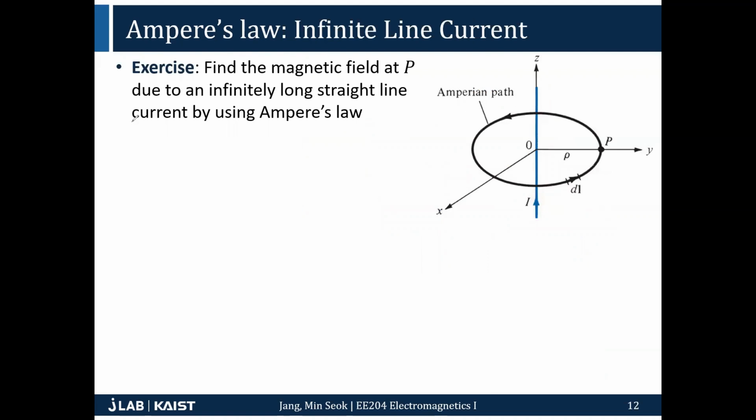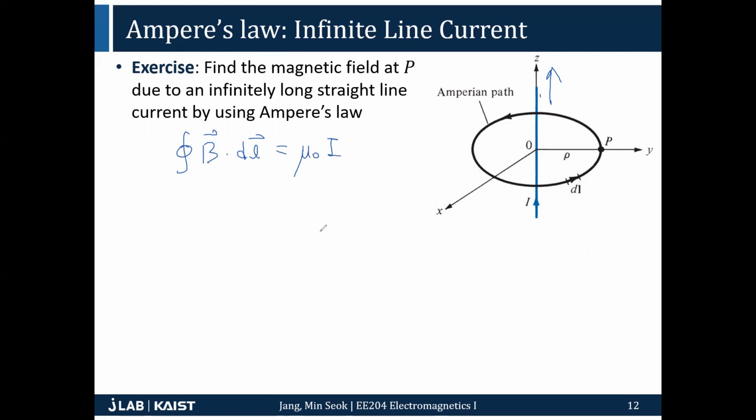We're going to do exactly the same thing we did a few tens of minutes ago, which is the magnetic field due to an infinite line current. What we know from Ampere's law is that the closed loop integral of B dot dl is mu0 I.